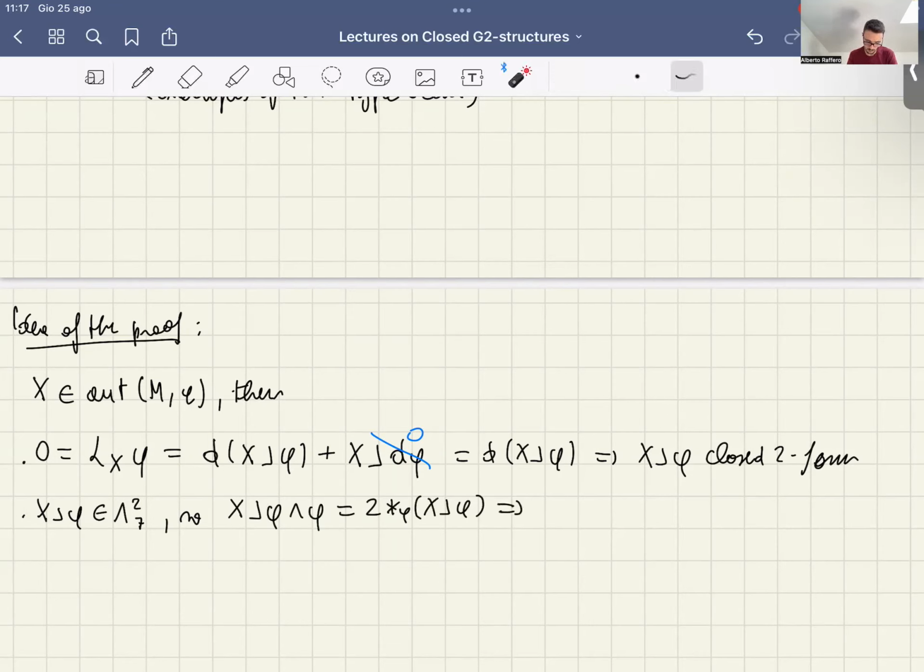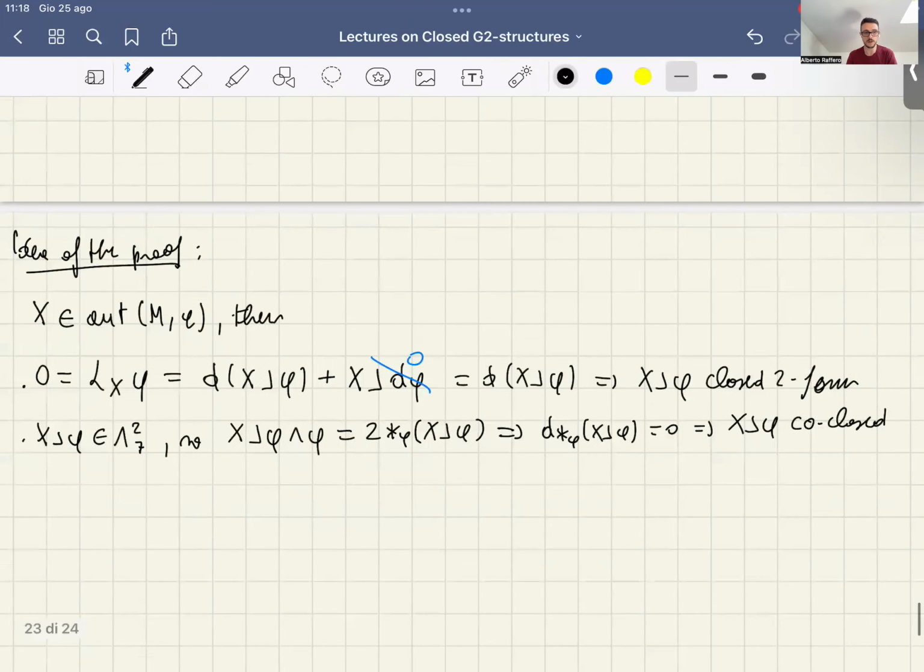And as you can see now, on the left-hand side, you have a closed form. And so this implies that the differential of the Hodge dual of the contraction of phi with X is 0, and so that the contraction of X with phi is co-closed. So this is both closed and co-closed, and this means that it is harmonic.